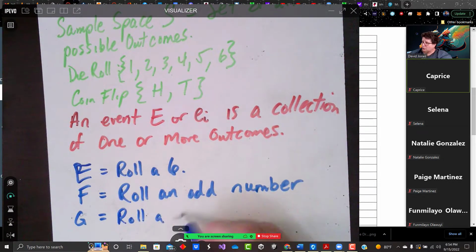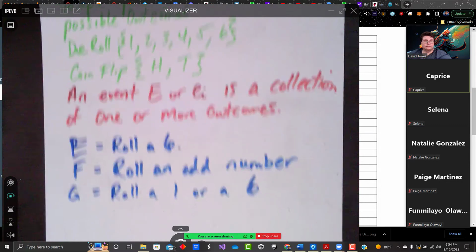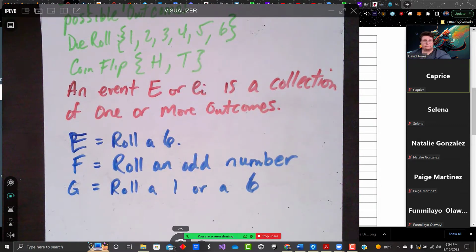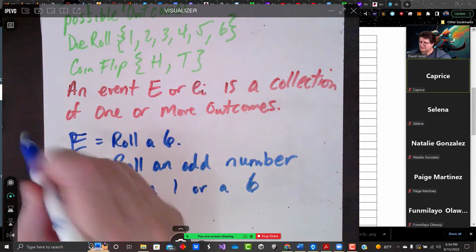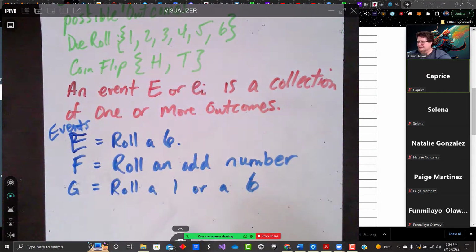So it can be whatever you want to call it. This is not a complete list of possible events for dice rolls, just some examples.